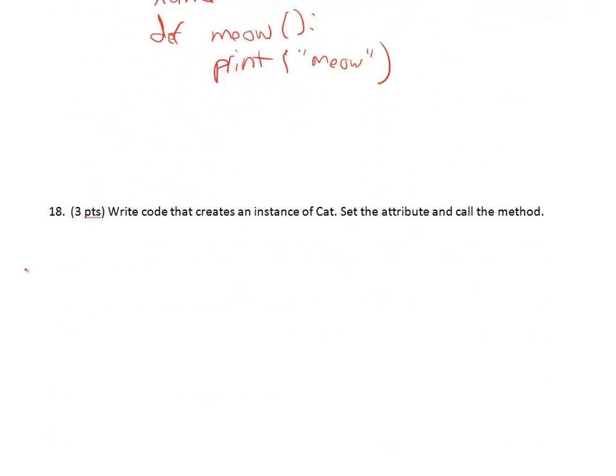Write code that creates an instance of cat. Oh, okay. My cat is equal to cat. Remember, it's the name of the class that's up here. That class name goes here, open close parentheses. There we go. We've now created an instance of the cat. Set the attribute and call the method.